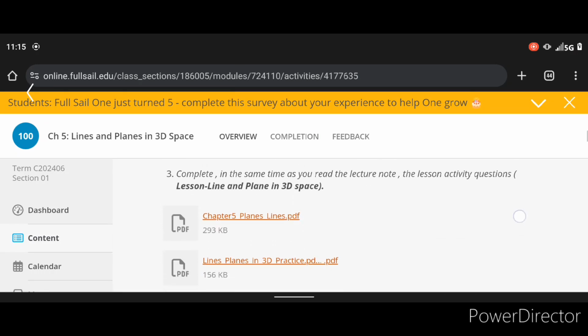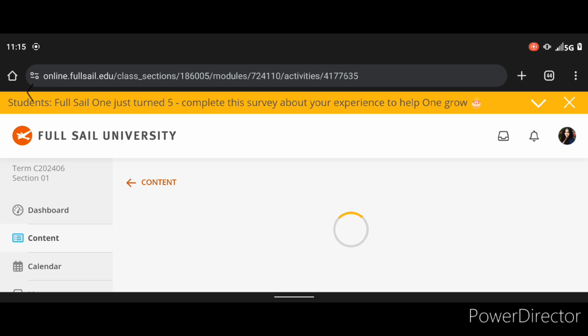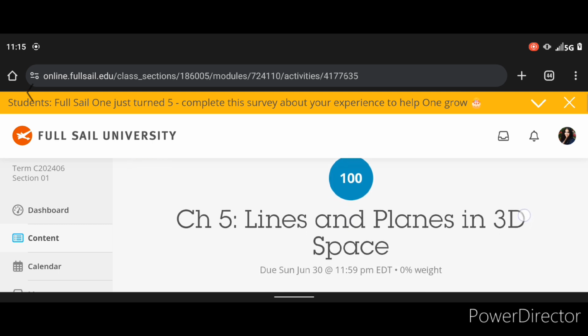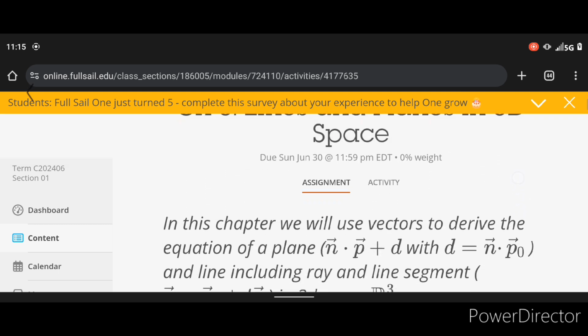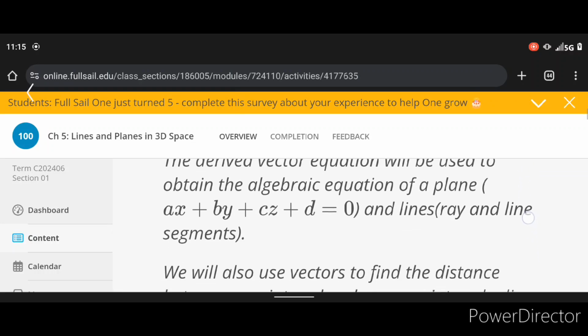A lot of this was learned in calculus and college algebra, a lot of different math classes. I remember learning some parts of this, so it shouldn't be too unfamiliar.